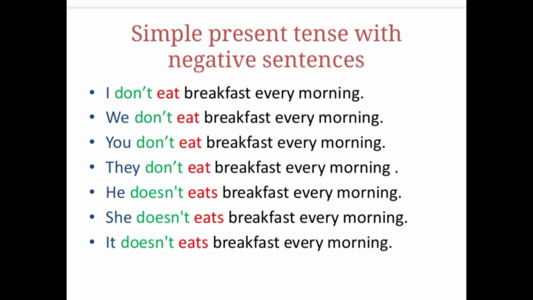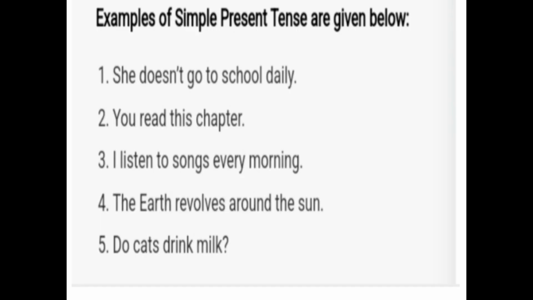If we convert a simple present tense positive sentence into a negative sentence, these are the changes that take place in the sentences. Okay, so here we have some examples. She does not go to school daily. See, she does not go to school daily.